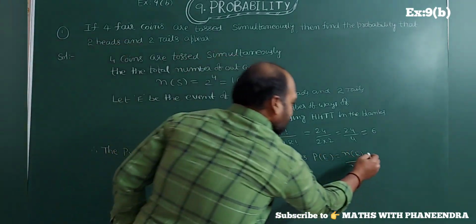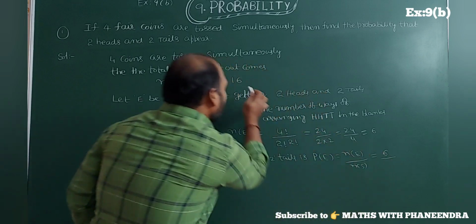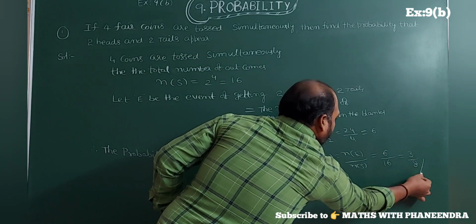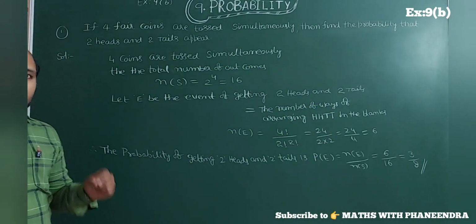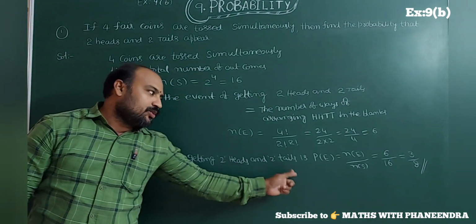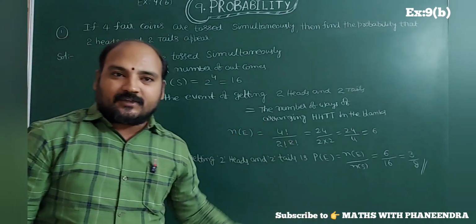We got it as 6, and n of S is 16. So 2 threes are 6, 2 eights are 16. So the required probability of getting 2 heads and 2 tails is 3 by 8.